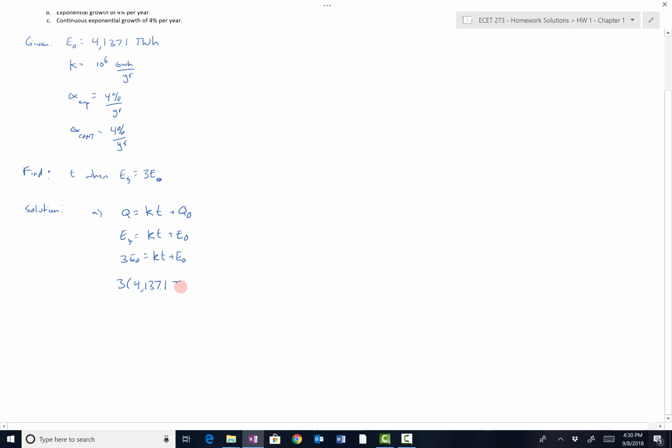4,137.1 terawatt hours is equal to 10 to the 6 gigawatt hours per year times however many years, T, it takes to get there, which is what we're solving for, and then we want to add on the initial quantity of 4,137.1 terawatt hours.